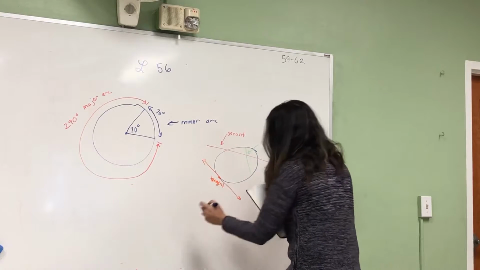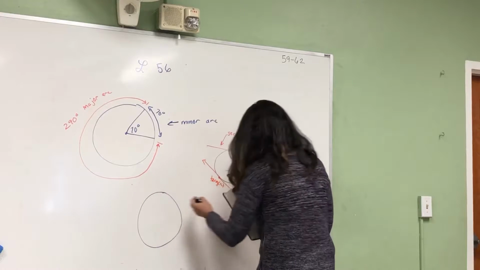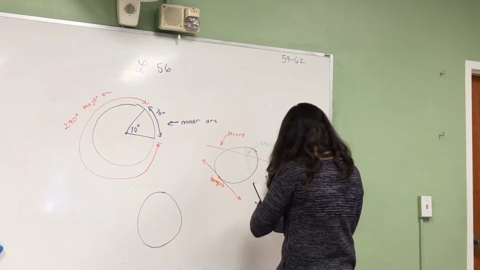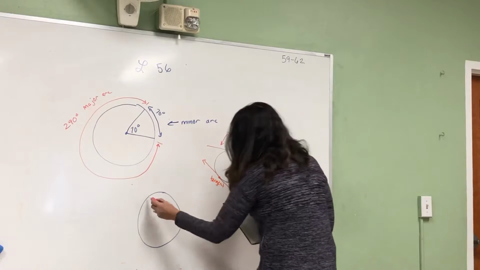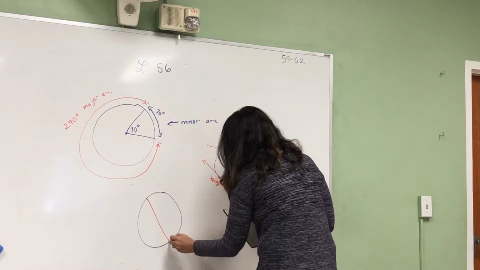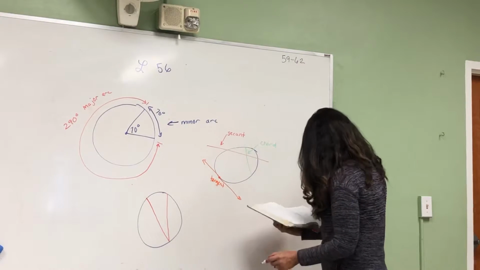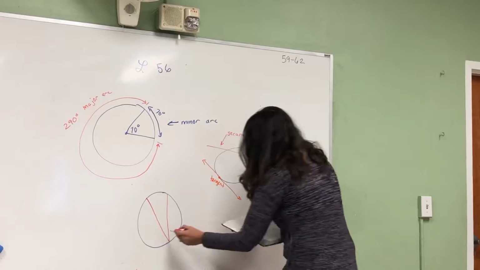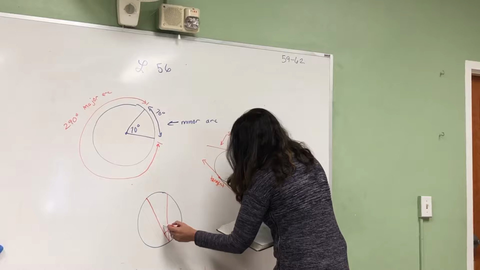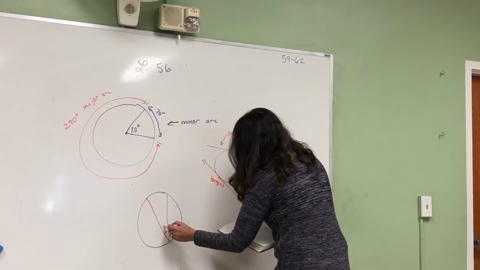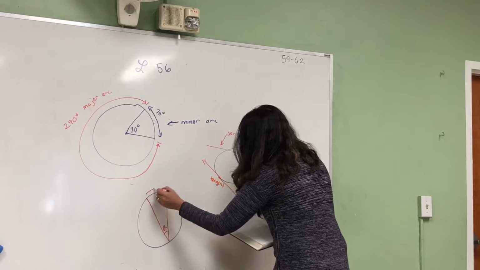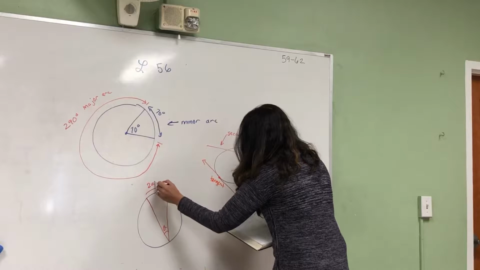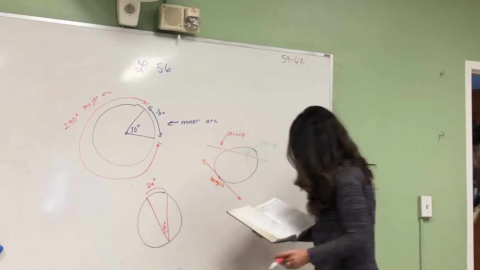Got all these markers in my hands now. And we have an inscribed angle. Do you remember this? A little bit. We remember that the measure of the inscribed angle is going to be half the measure of the intercepted arc, right?